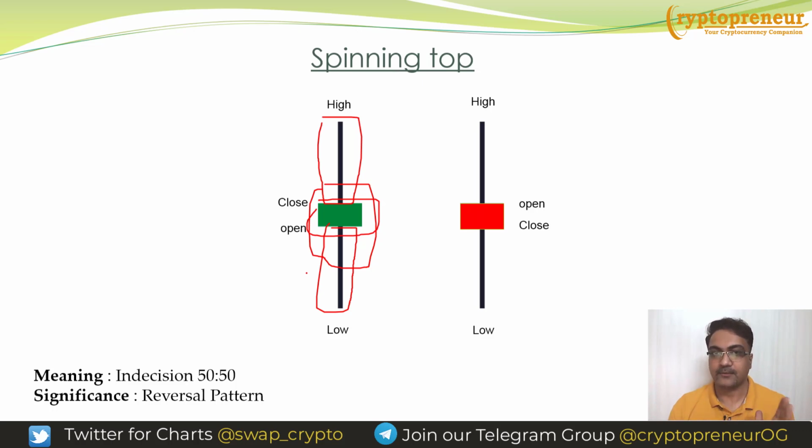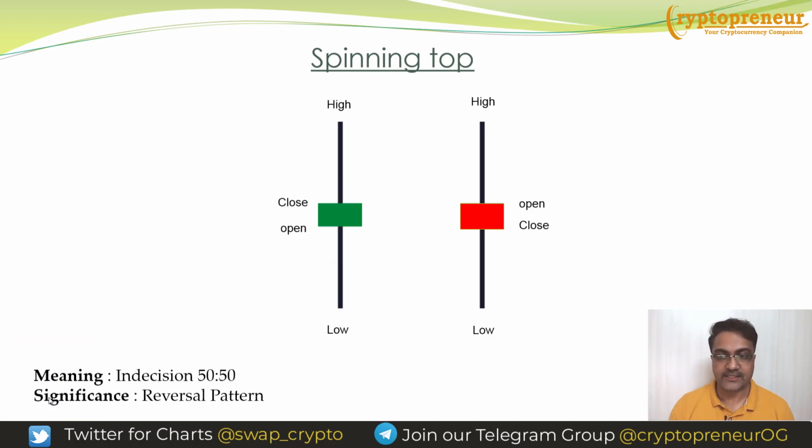So it is like bulls are taking control of the market, then you see a spinning top when bears are trying to push the market and there is indecision for that complete candlestick session, then the market might move downside, or it might move downside for a small time and then continue moving upside. So this is basically a reversal pattern. So whenever you see a spinning top on a chart, we'll see further how it appears on the chart.